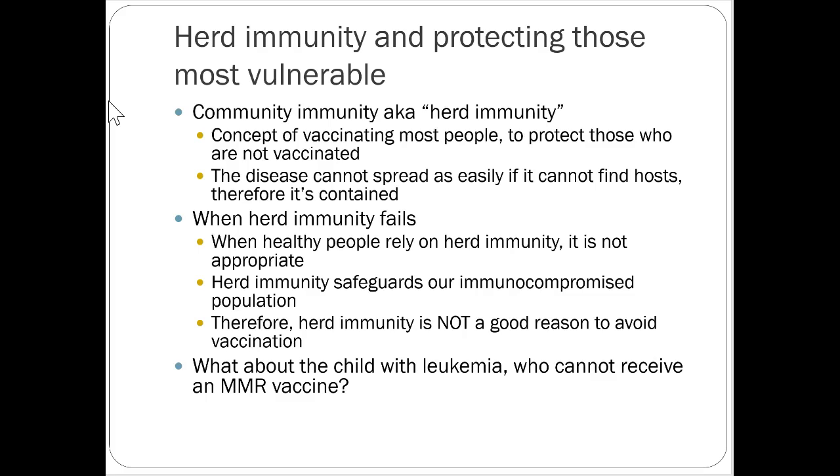If this was the state of Minnesota, that's a better way to look at it. But anyway, the point is that we need to protect the weakest people in our communities. It's inappropriate if healthy people rely on herd immunity, because healthy people are the ones who are supposed to provide the barrier to our less fortunate population, like people with cancer, or really young kids.